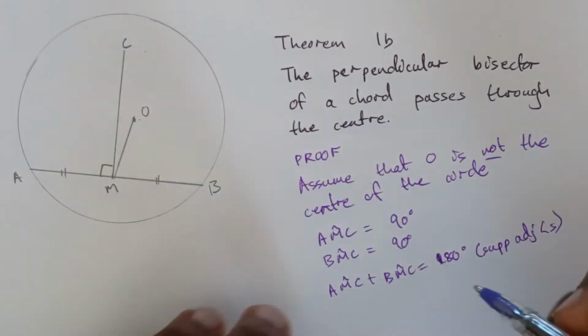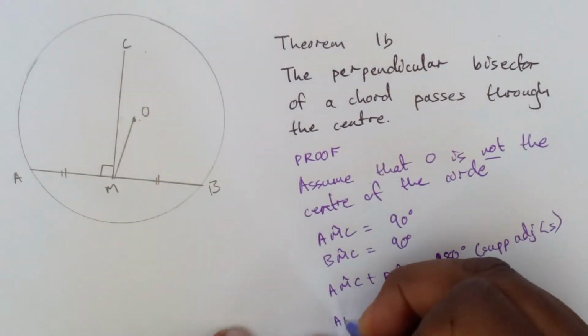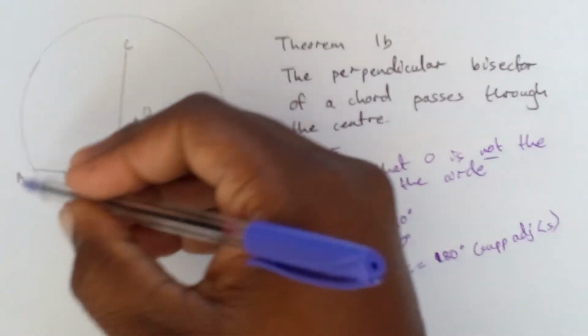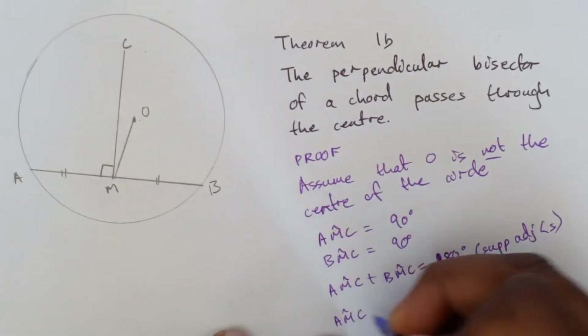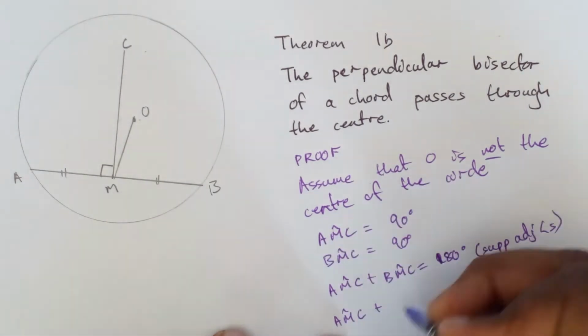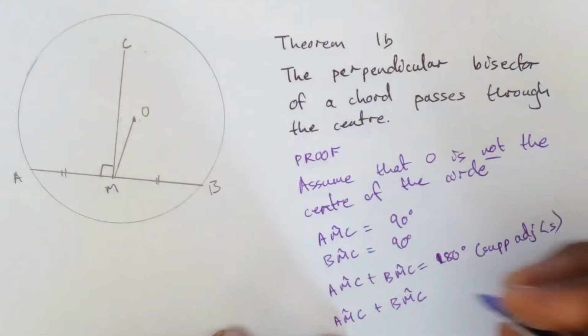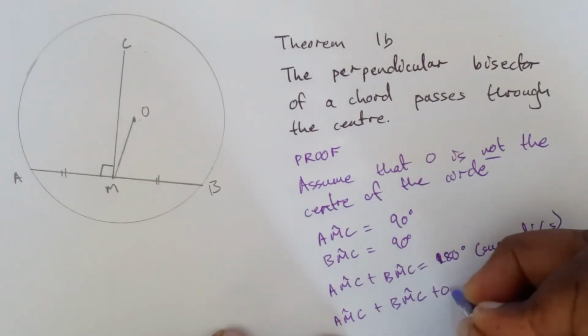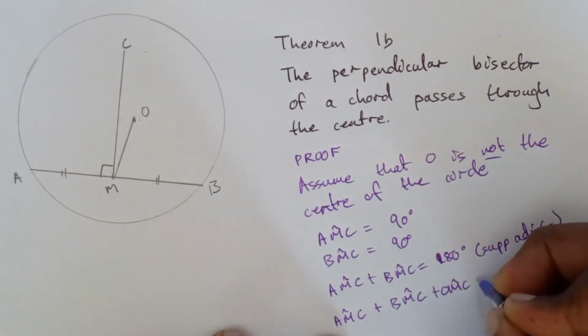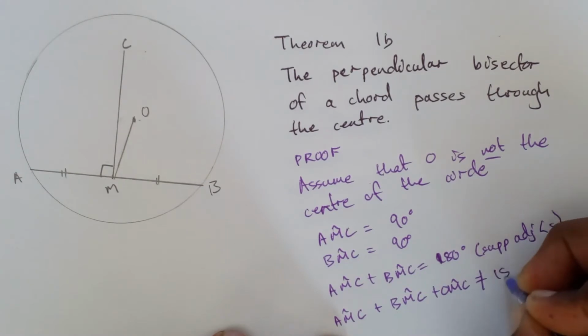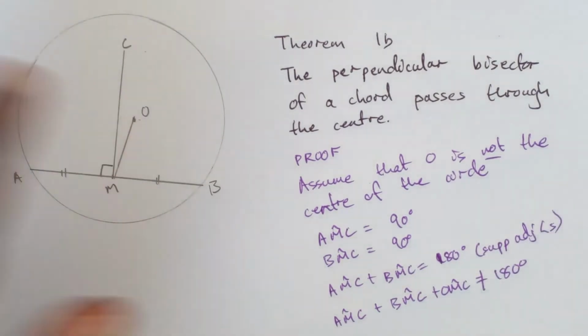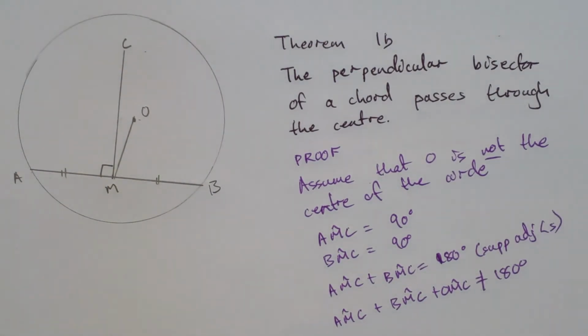But now if we say AMC plus BMC, and now if you try to add an angle OMC, that is definitely not going to be equal to 180 degrees. We know that's not possible.